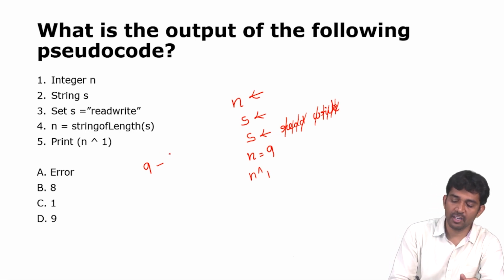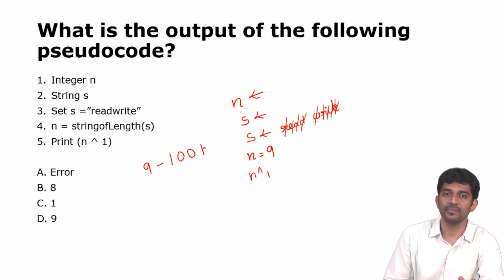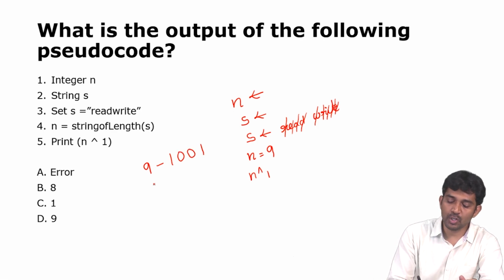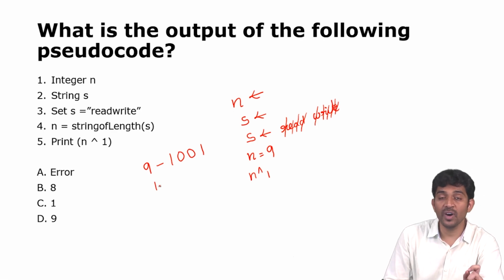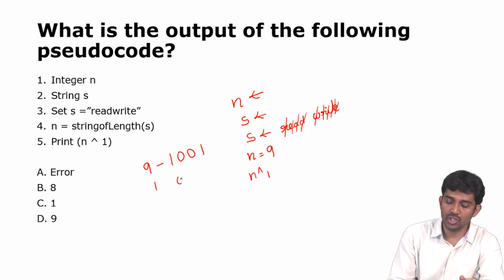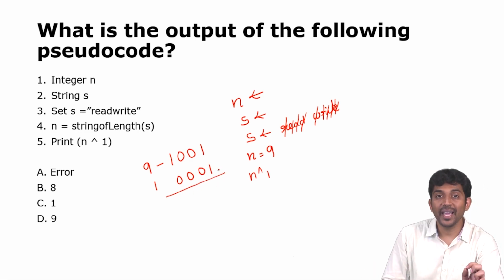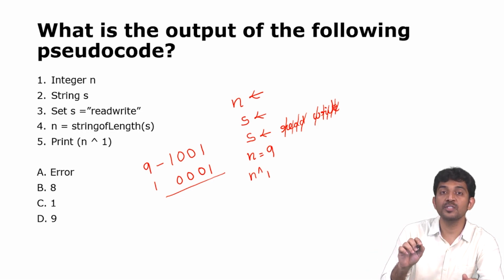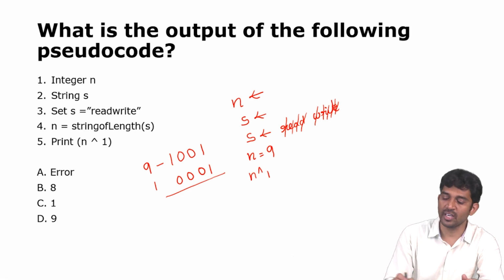We know that the binary value of 9 is 1, 0, 0, 1, and for the value 1, the binary value is 0, 0, 0, 1. If you apply the XOR, XOR means if both are the same, you get false, which is 0. If both are different, you get true, which is 1. So the truth table is like this.